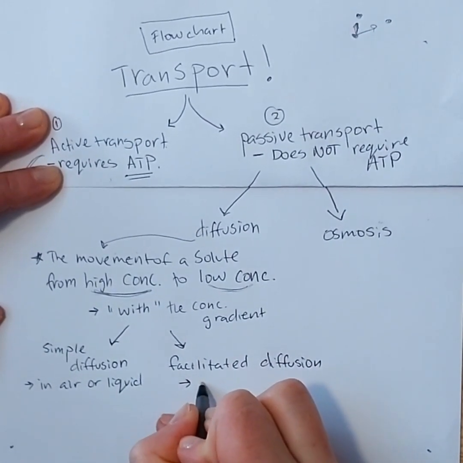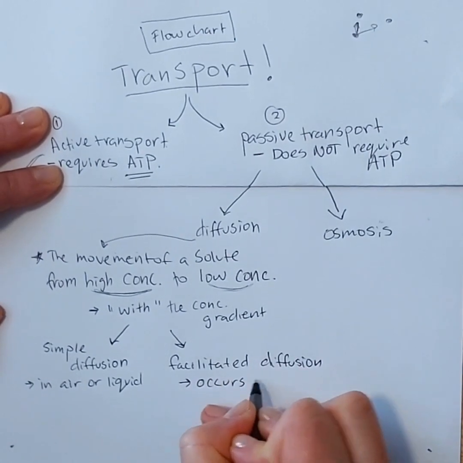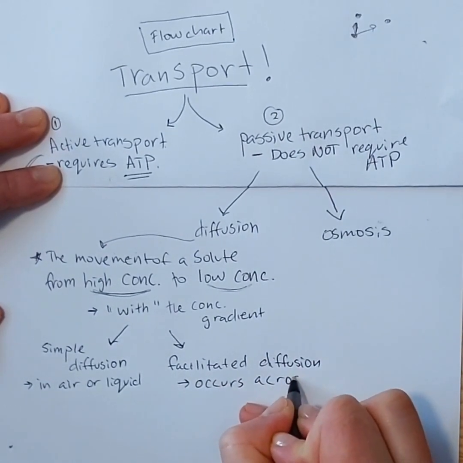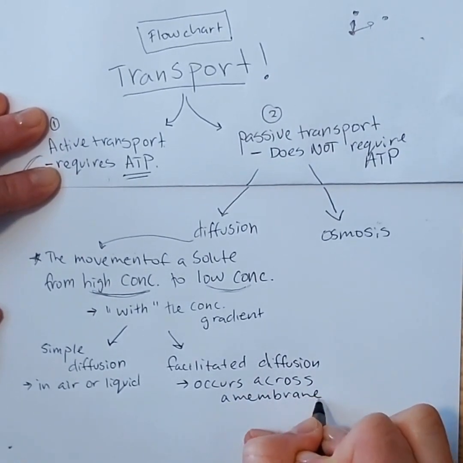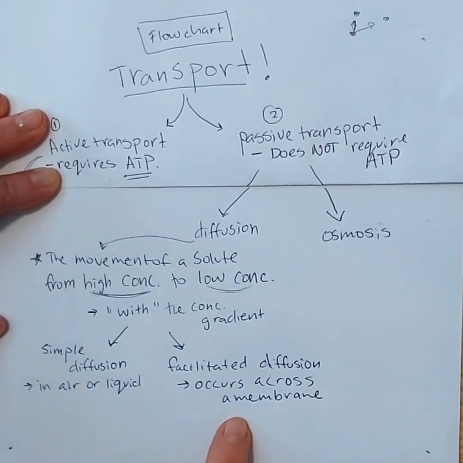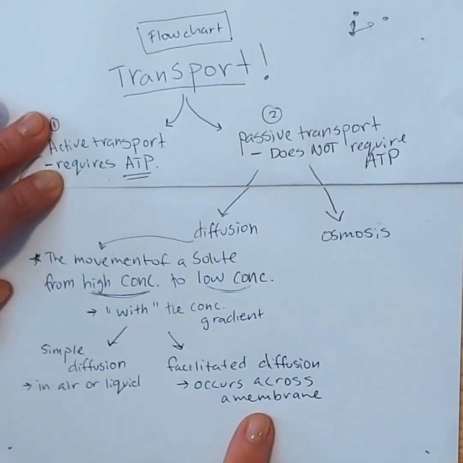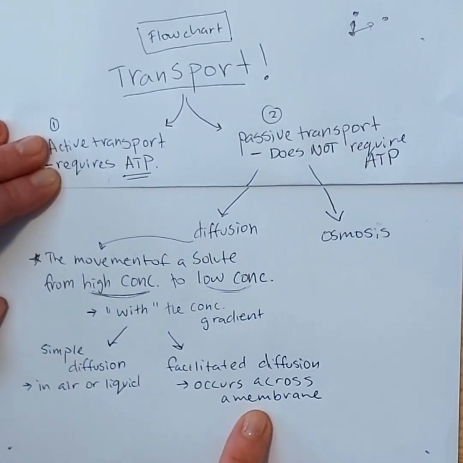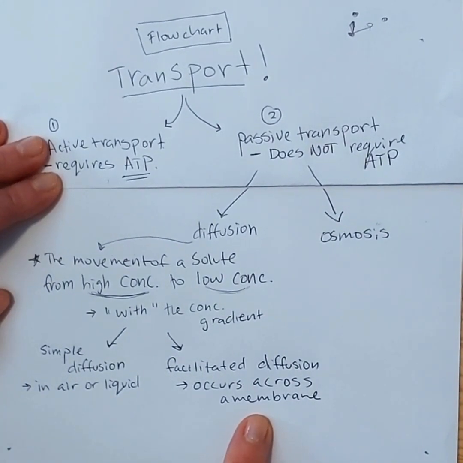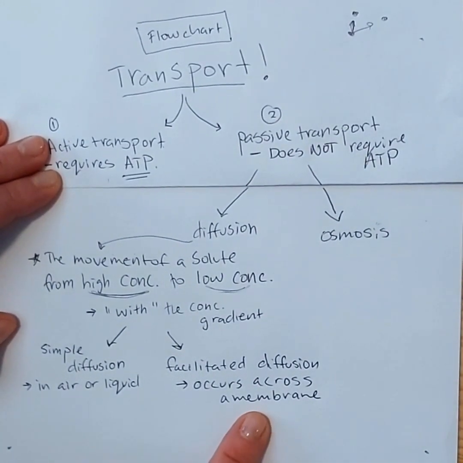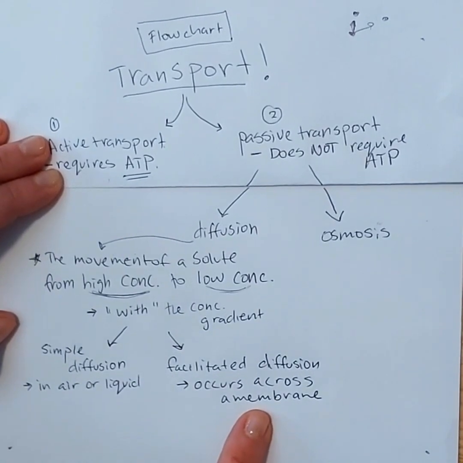If you have diffusion that occurs across a membrane, that's going to be facilitated diffusion. So this occurs across a membrane. Now, if it occurs across a membrane, most molecules can't go just through the plasma membrane. Small things like oxygen gas and carbon dioxide gas and tiny little non-polar molecules, they can.